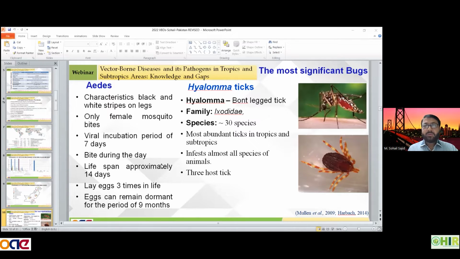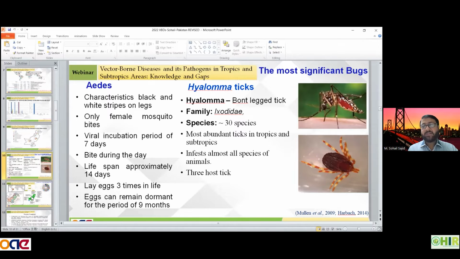These two are the most notorious bugs which are causing nuisance. Aedes is the transmitter of dengue and chikungunya, and Hyalomma the transmitter of CCHF. Both of these diseases have had a recent outbreak in the country too.